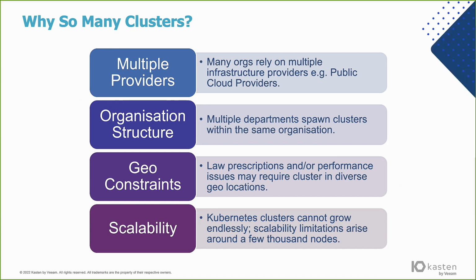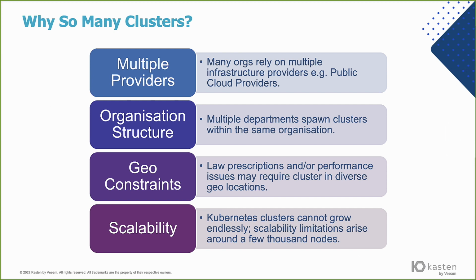So key takeaways. Why so many clusters? I think you'll probably know this, but for the benefit of the audience watching on YouTube, there are multiple providers. They have multiple services. And we heard from multiple people today that are already talking about leveraging the cloud or hyperscalers for different services, for different parts of their workload, different parts of their data, different data types.